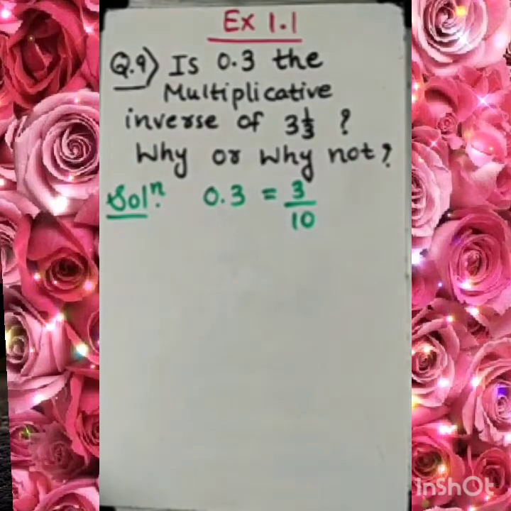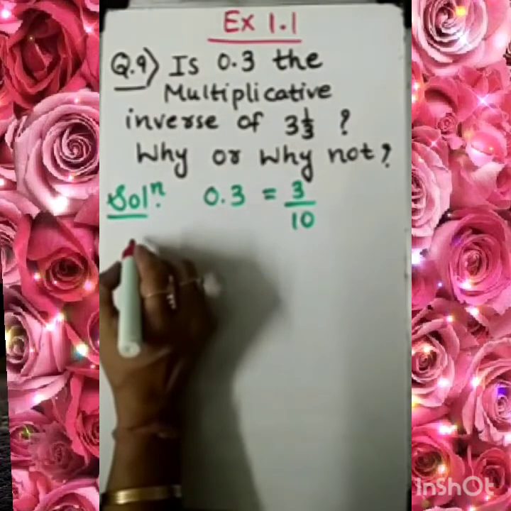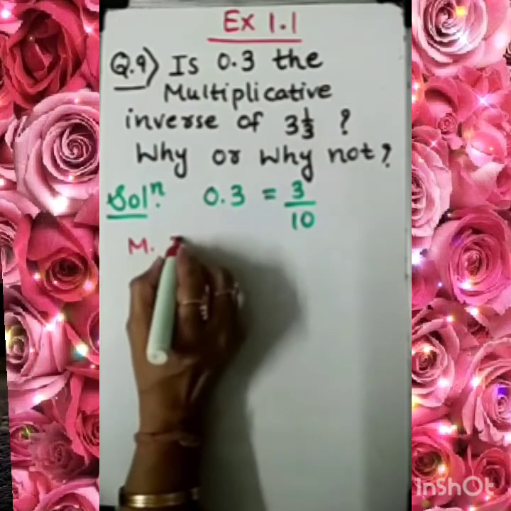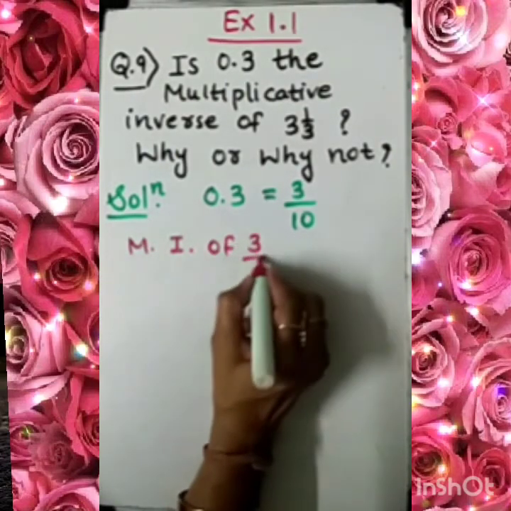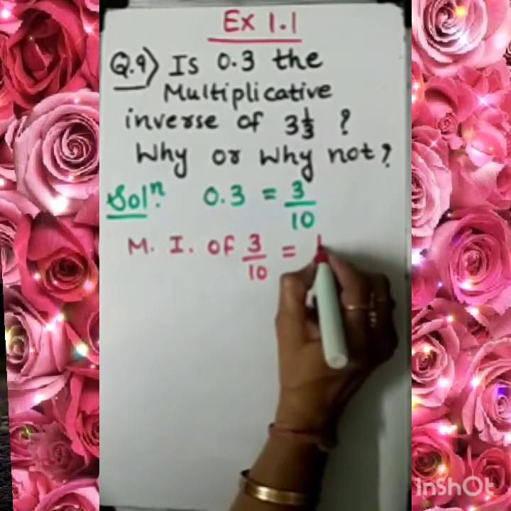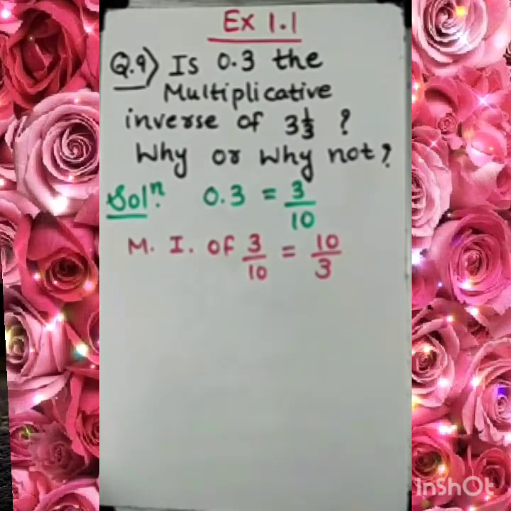If I remove the decimal, then I could say that 0.3 can be written as 3 by 10. Okay. Now what is the multiplicative inverse? So multiplicative inverse of 3 by 10. Of course, it will be 10 by 3. Agree? Multiplicative inverse of 3 by 10, it will be 10 by 3.